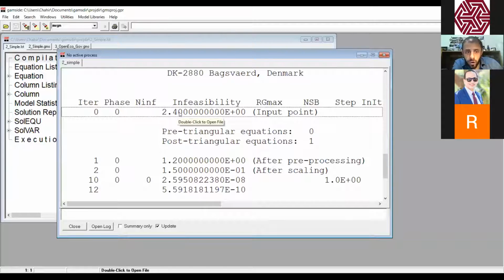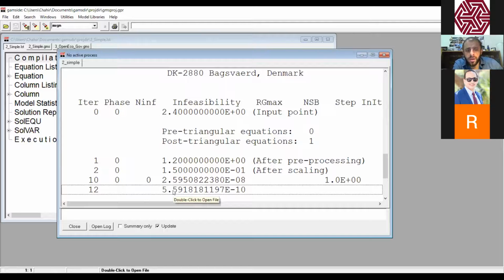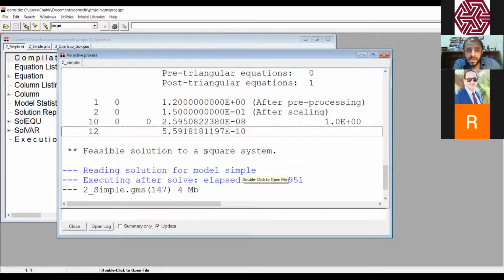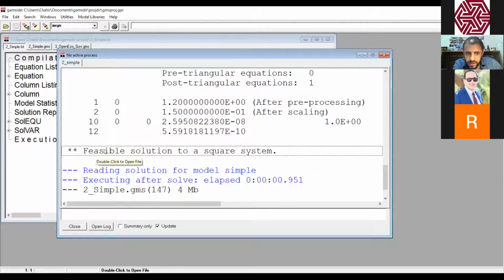So it's 2.4 because initially we have an infeasibility due to the shock. But then GAMS runs several iterations until it reaches an equilibrium of 5.5 multiplied by 10 to the power negative 10, which means that we have a very low infeasibility. So the model is correct. We have a feasible solution to a square system.